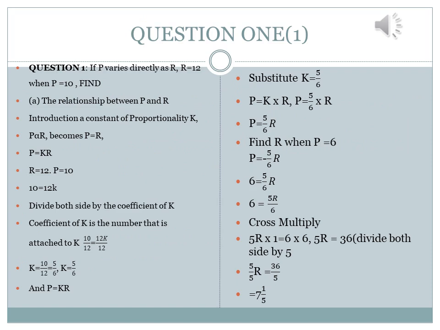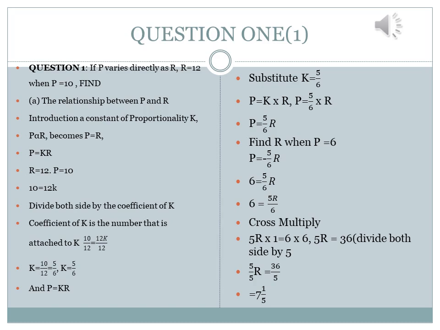Now we will look at question 1. Question 1. If P varies directly as R, R is equal to 12 when P is equal to 10.